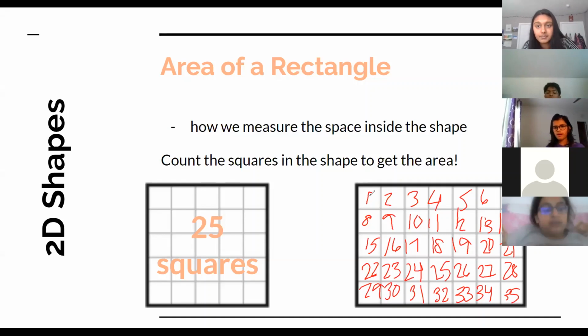So we're going to get our answer, which is going to be 35 squares.